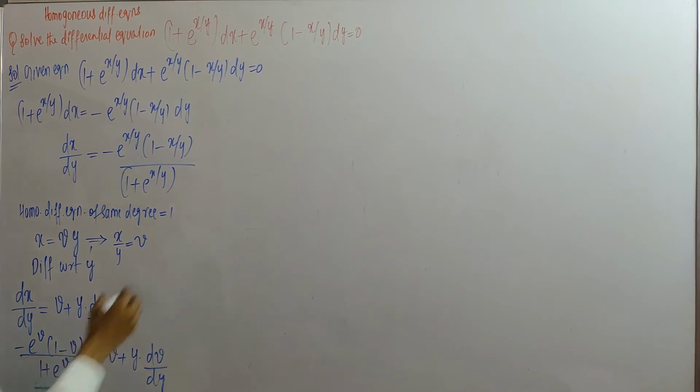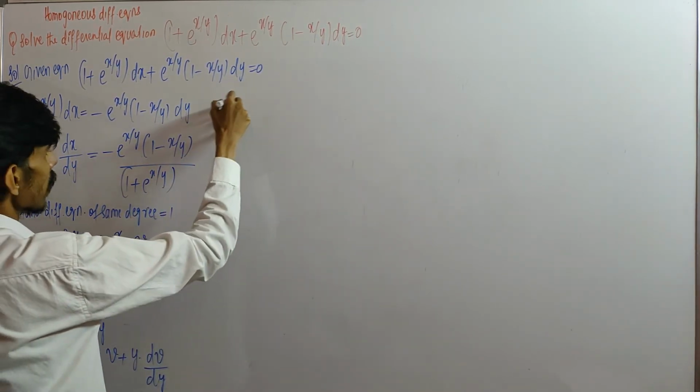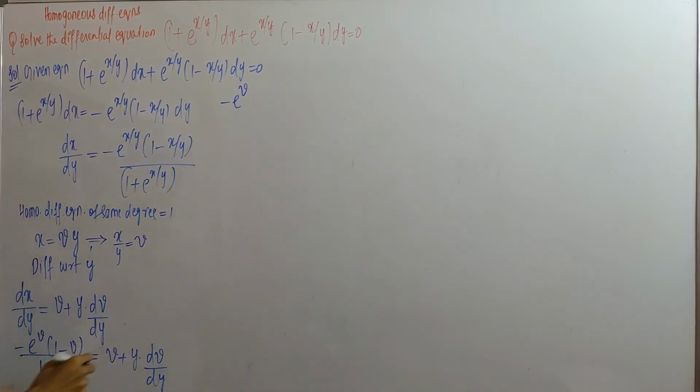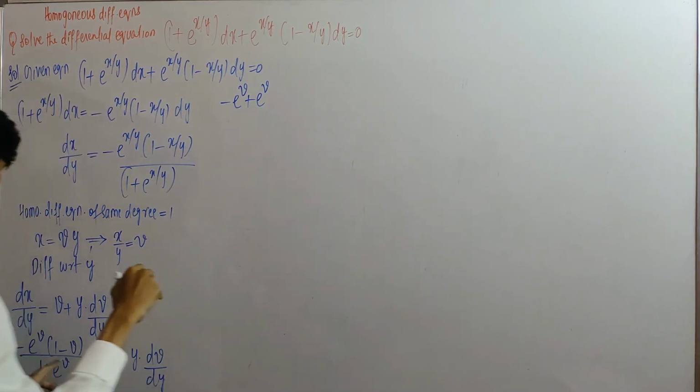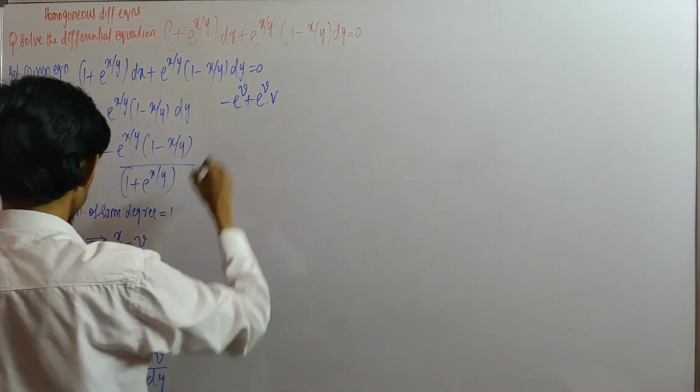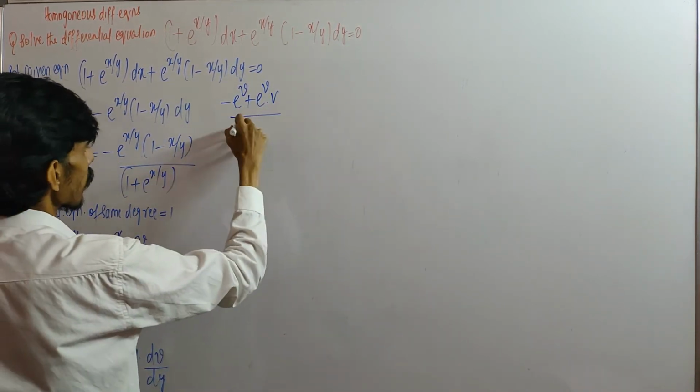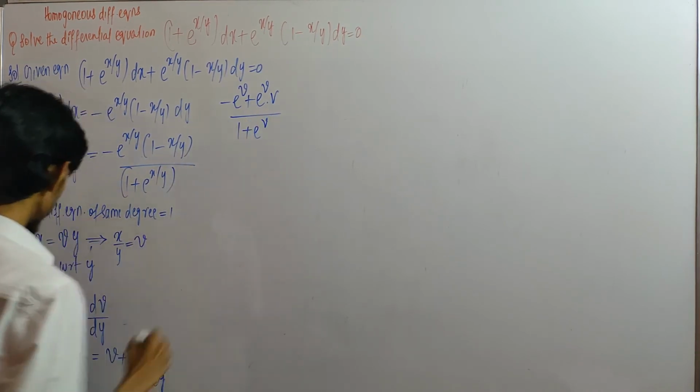Now multiply this. Here I have e into 1 is e power of v, minus into minus plus e power of v into v, by 1 plus e power of v.